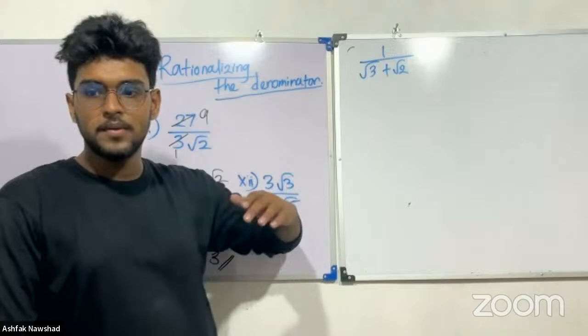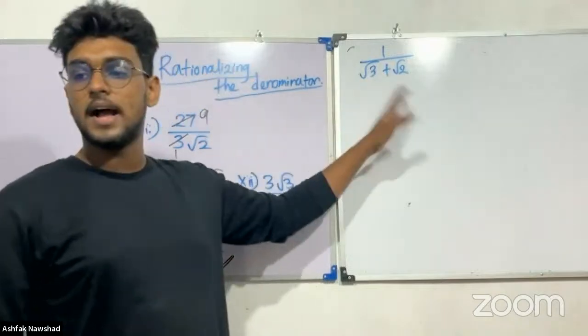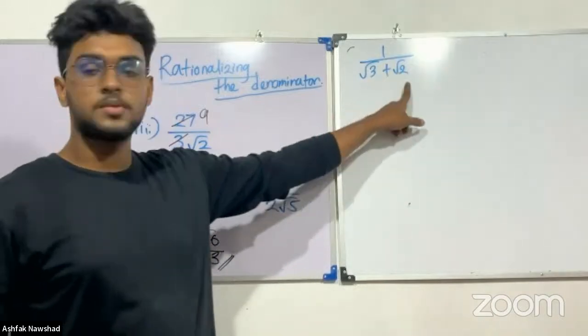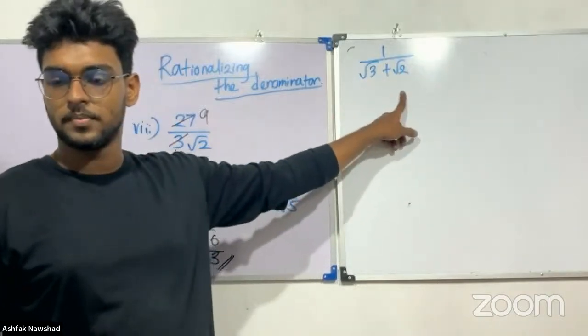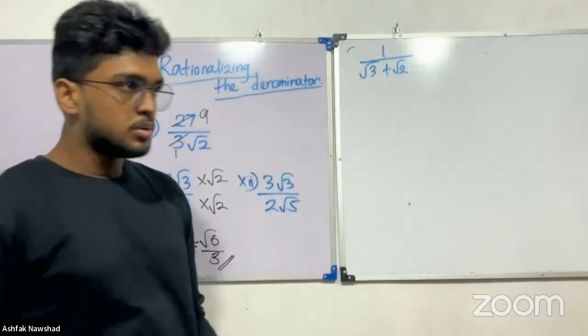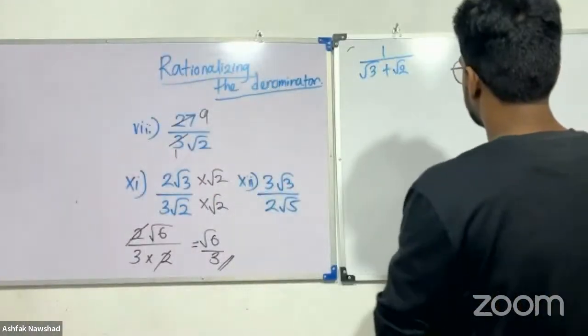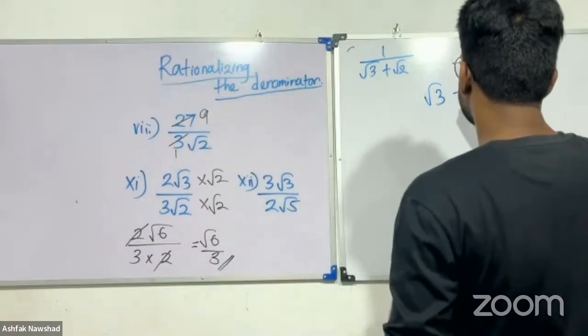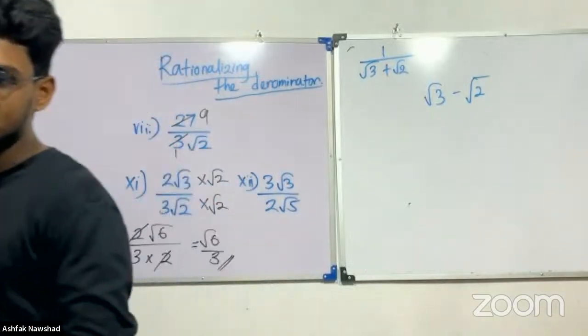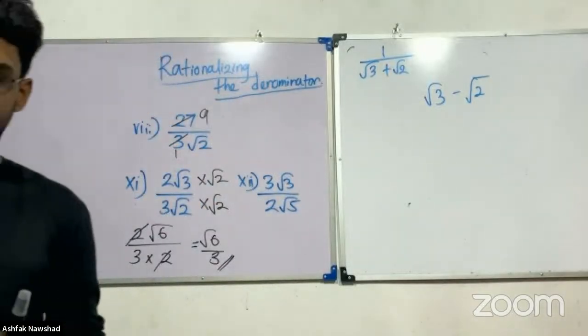This is the reason why I taught you conjugates. Do you remember conjugates? The conjugate of root 3 plus root 2 is root 3 minus root 2.